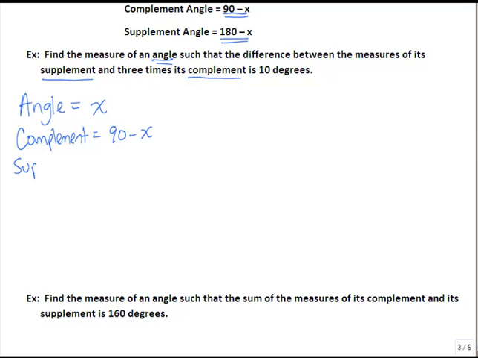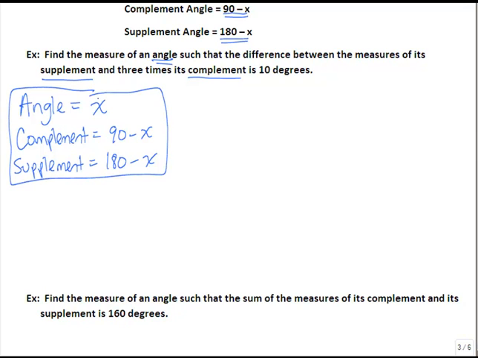Similarly, the supplement has to be 180 minus whatever X is. That is always true for all of these problems. So this is the key stuff that you want to write down right from the very beginning. Now what you're going to want to do is translate this sentence into some words probably first, and then into some expressions second. So let's start translating.